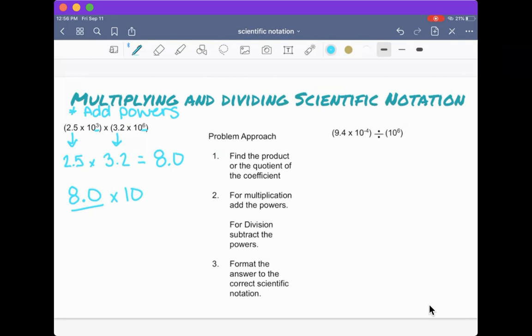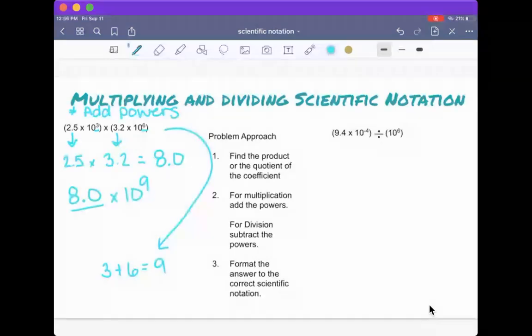The next thing I have to do is figure out what my power is going to be when I multiply these 2 numbers. When multiplying with the base 10s, all I'm doing is adding my powers. So I'm going to bring that down here and add 3 plus 6. That gives me 9. So my new power is 9.